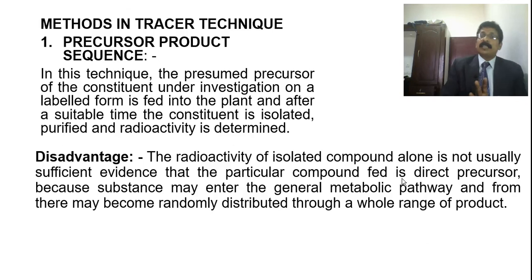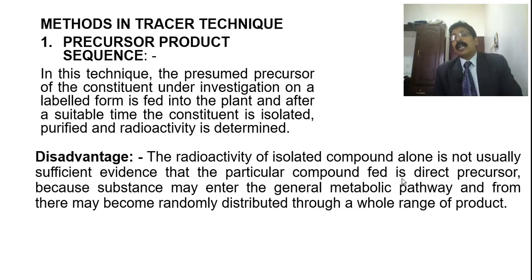Sometimes if you go for any type of study, you can find some precursors in that synthetic pathway; when you are adding to that pathway, it is not necessary that it should go only in that pathway, it can go another way. Suppose you are using an amino acid, it can go for another pathway also, the same amino acid can enter. So that will sometimes cause difficulty in controlling which precursor is responsible to give this product.